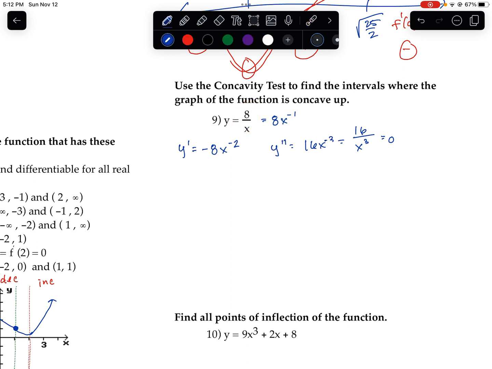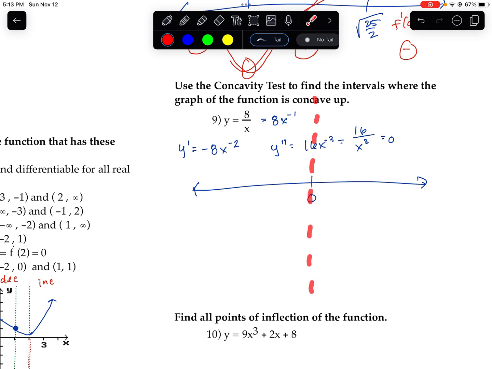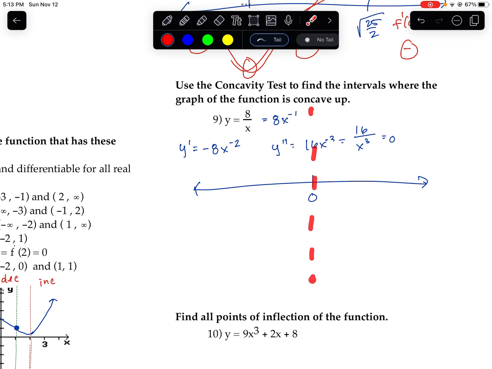So if we create a number line and put 0 here, again the function's undefined, there's an asymptote here. So we'll check both sides of that discontinuity to see if the function is going to be concave up or concave down. So let's go ahead and test f double prime of negative 1.